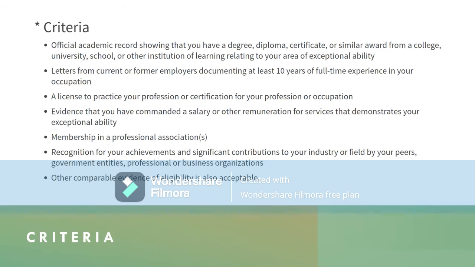Probably most performing manager of the month, most performing secretary of the year. They give you a certificate, a placard, or letters, or they just send an email. It might just be an ordinary email. You can print those emails. They are also part of the evidence that you are doing well in your field.